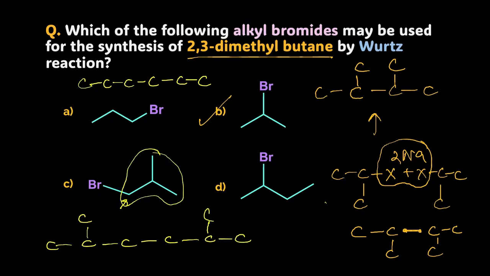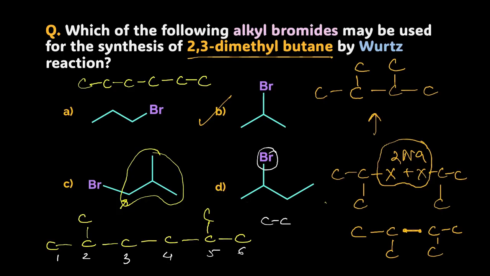So you can see that the number of carbons should exactly be double. So 1, 2, 3, 4, 1, 2, 3, 4, 5, 6, 7, 8, 8 carbons, and this is 1, 2, 3, 4, 5, and 6. So what you end up getting is 2,5-dimethylhexane. Okay, and in option D, again 4 carbons are there. So what you should end up getting here, you have a bromine which is here.